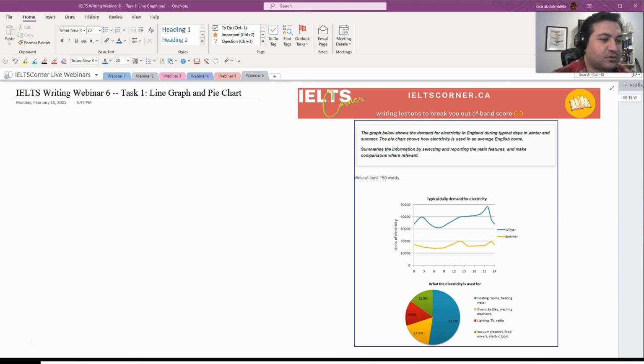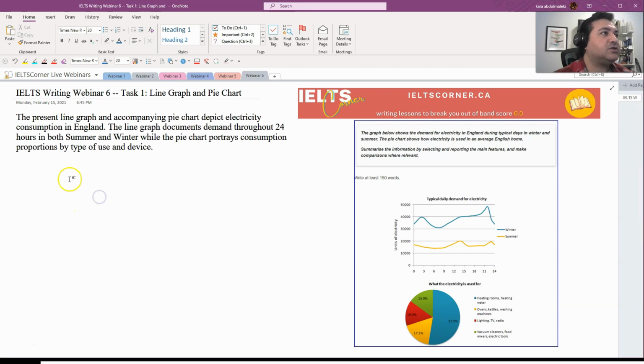So the first paragraph, see, it says the present line graph and accompanying pie chart depict electricity consumption in England. The line graph documents demand throughout 24 hours in both summer and winter. That's capital S and capital W. While the pie chart portrays consumption proportions by type of use and device.